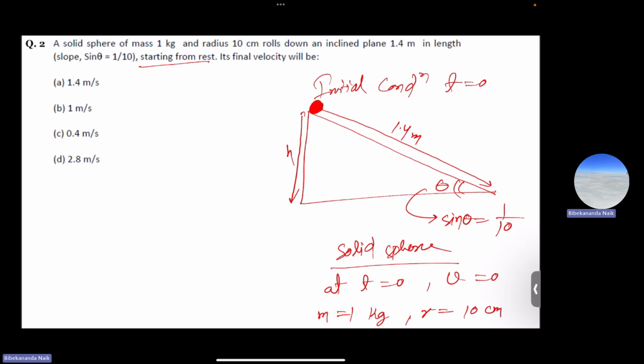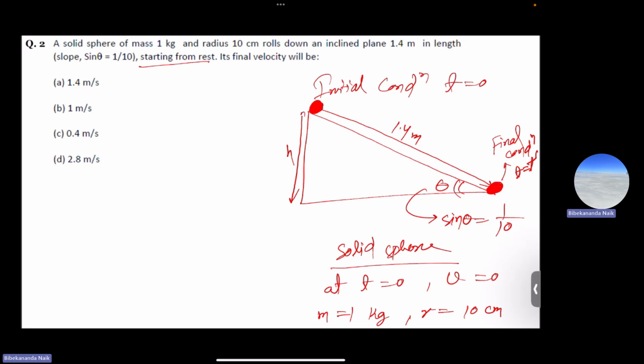Now it starts rolling, and after some time it comes here, and this is the final condition at t equal to, suppose, t prime. Now we need to find the final velocity when the body reaches here.